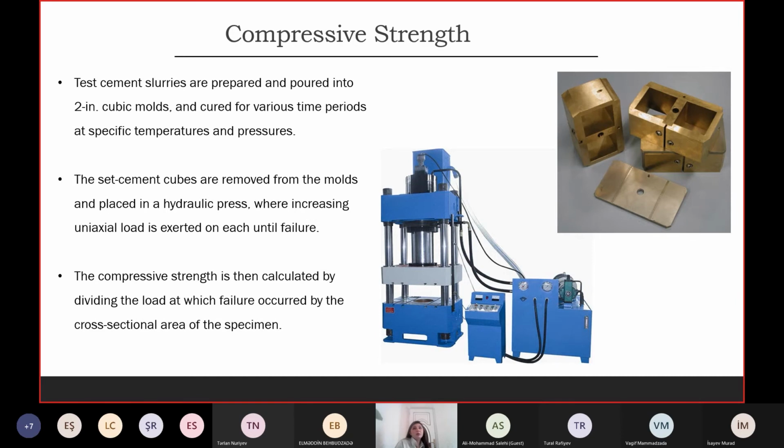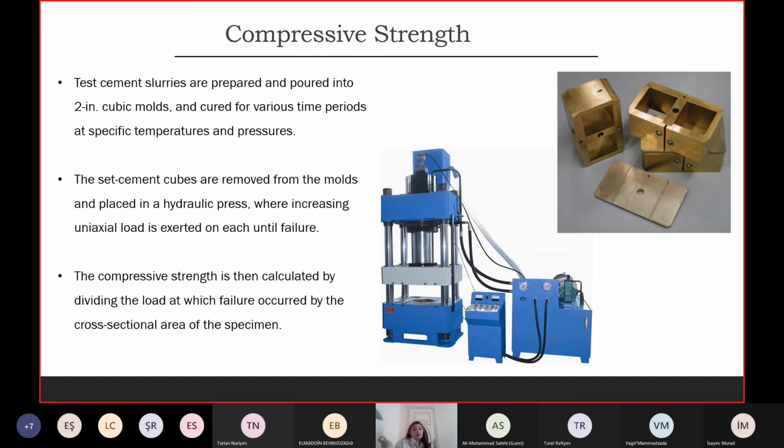If you keep pure cement slurry for, let's say, 3 days, it will get more than 5,000 psi for sure, if you don't add a lot of additives. If it's a pure cement slurry, you can get more than 5,000 psi in 36 hours, sometimes in 24 hours, and then this hydraulic press will not be able to crush it.